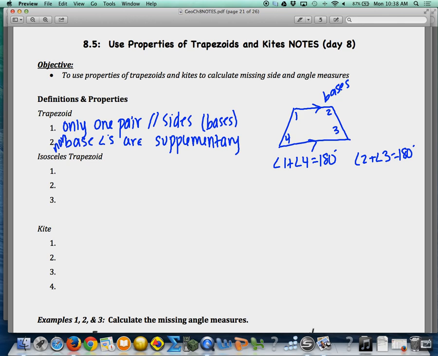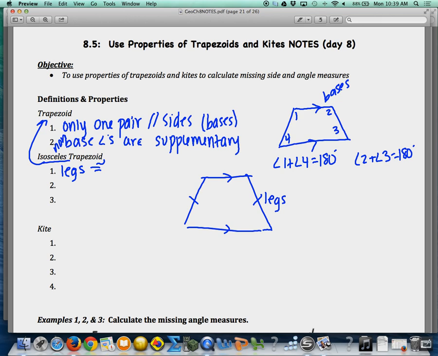Okay, an isosceles trapezoid is still within the trapezoid family, so it has all the same properties of trapezoid. But then it has 3 more. Now, what makes it isosceles is that the legs are congruent. Okay, so here's what I mean by that. If I draw myself a trapezoid where I have the bases that are parallel, the sides that are not parallel are called the legs.